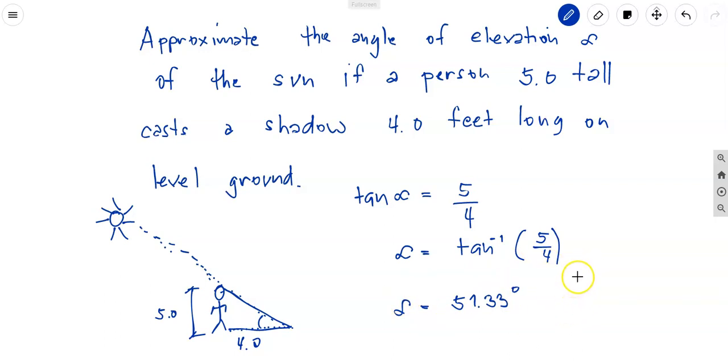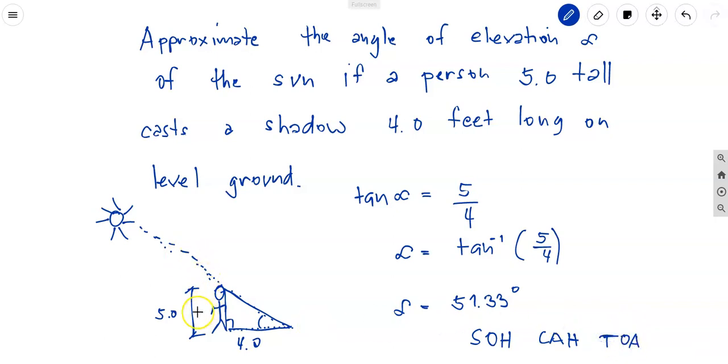So when solving problems, always remember to draw the diagram first. You have to draw the right triangle, because this one will form a right triangle. After that, create an equation which reminds you about sine, cosine, and tangent. The tangent is TOA: tangent is opposite over the adjacent side.